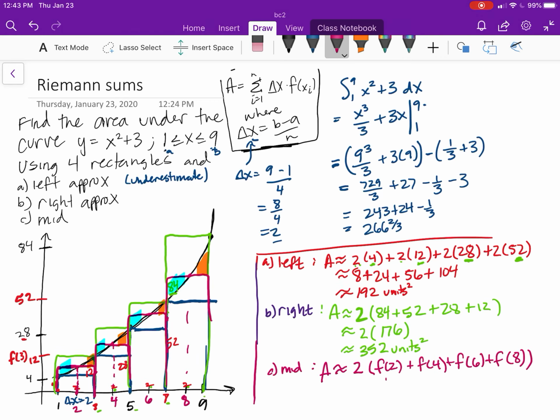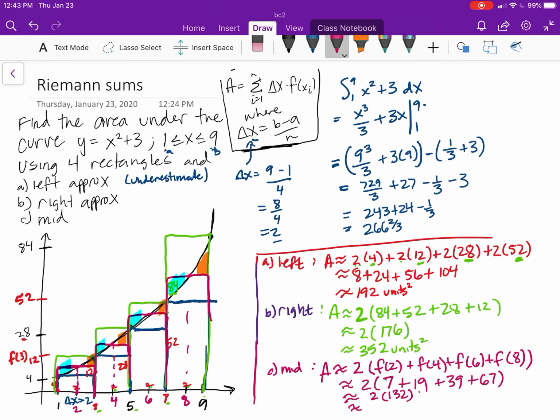So 2 squared plus 3 is 7. 4 squared plus 3 is 19. 6 squared plus 3 is 39. And 8 squared plus 3 is 67. Okay, combine all these, that's 26, 56, 132, multiplied by 2.